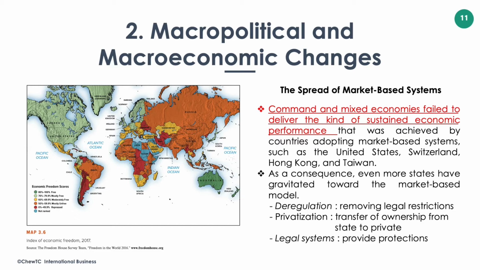According to the 2017 index, which is summarized in the map, the world's freest economies are, in rank order, Hong Kong, Singapore, New Zealand, Switzerland, Australia, Estonia, Canada, United Arab Emirates, Ireland, and Chile.